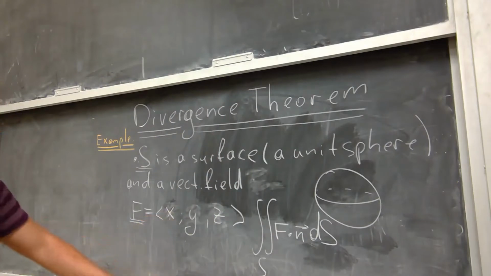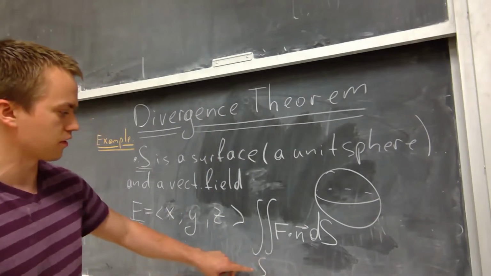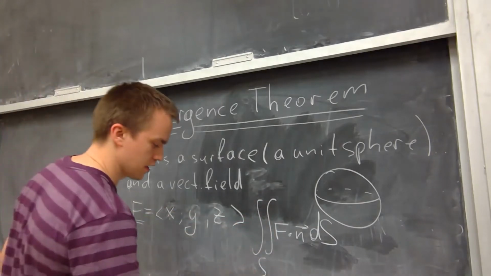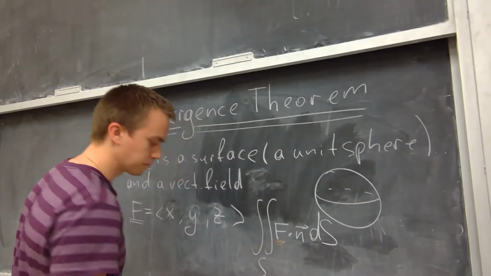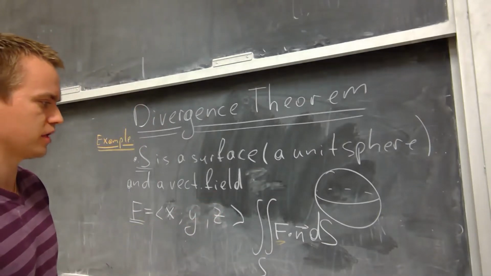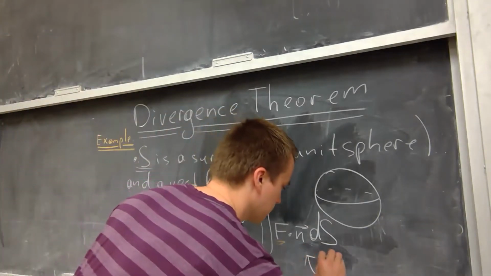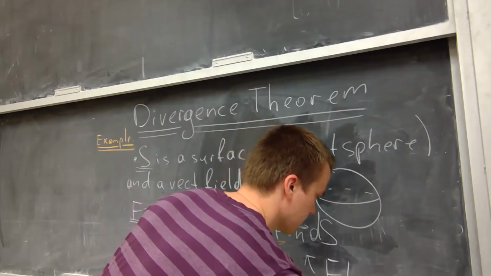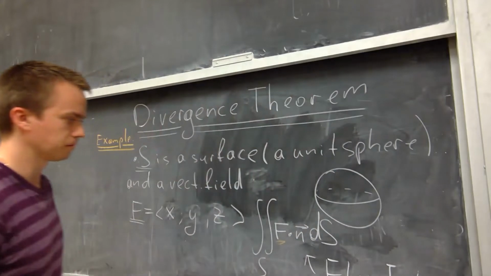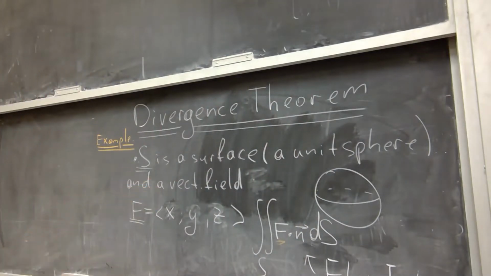The name of this double integral is a surface integral over a vector function, and the vector function in this case is my F. Another name for this integral is a flux integral.